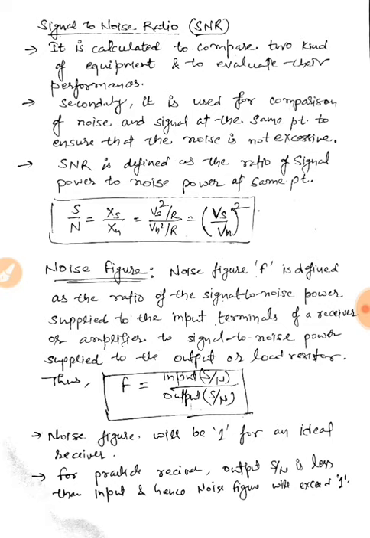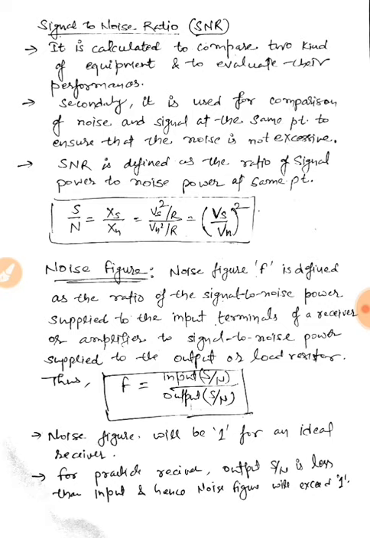So the system having a high signal to noise ratio would be a better system. Secondly, it is used for comparison of noise and signal at the same point to ensure that the noise is not excessive compared to the signal.